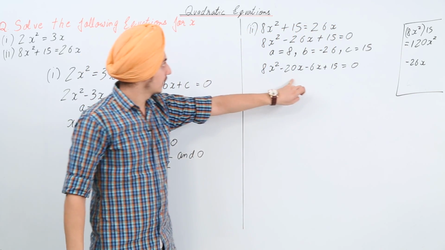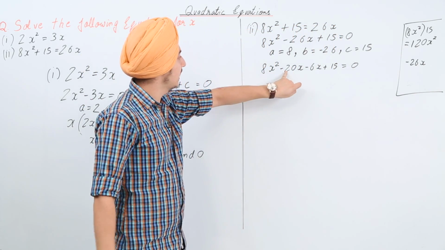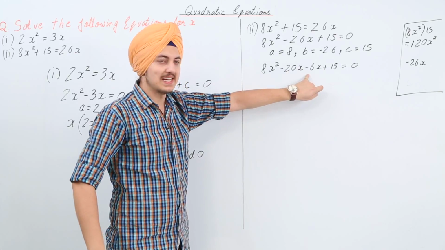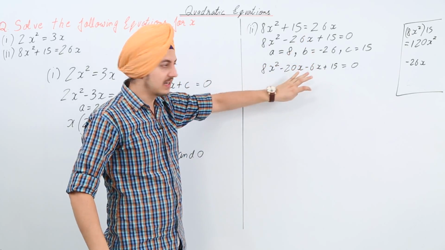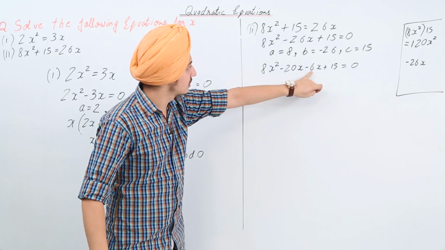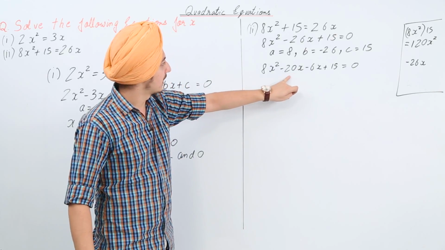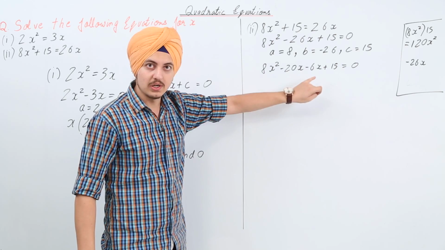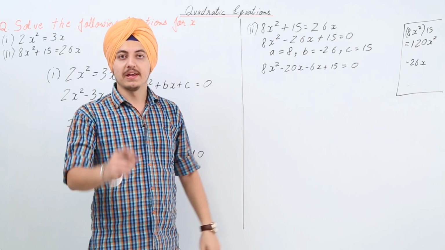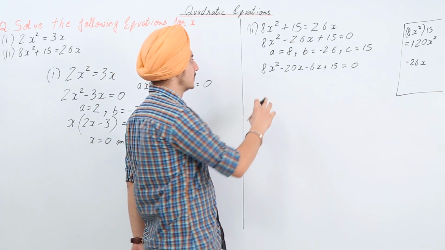So we've written this equation like this: minus 20x minus 6x is equal to minus 26x. We just split that, and 20 into 6 is 120. So minus 20 into minus 6 is 120, and x square, so it becomes 120x square.